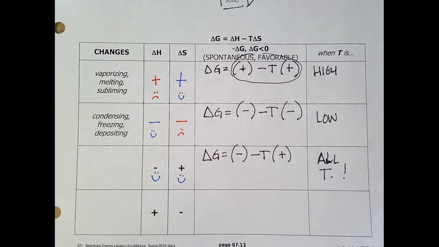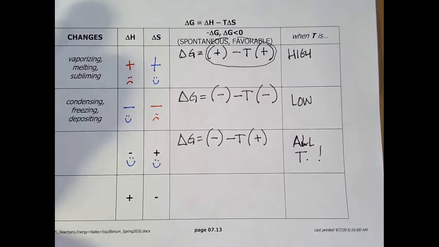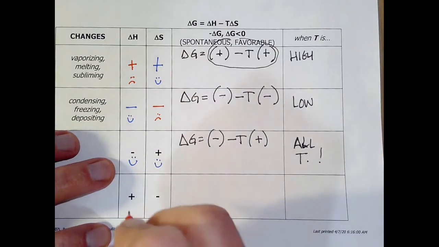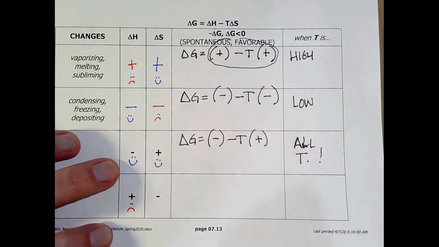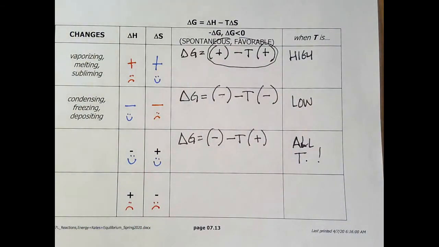It's going to happen. Now what about here, the last case on this page? It is endothermic, not good, and it gets less messy. Doesn't like that either. Well, let's look at what the math would be.